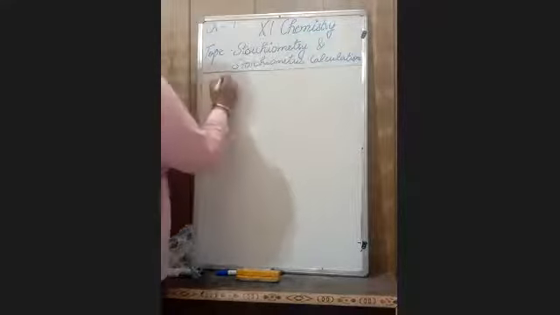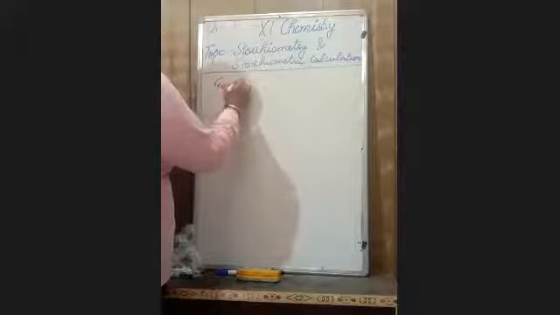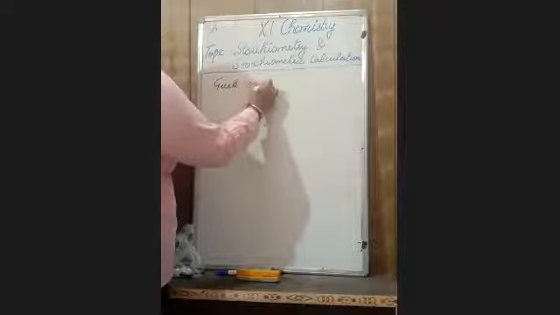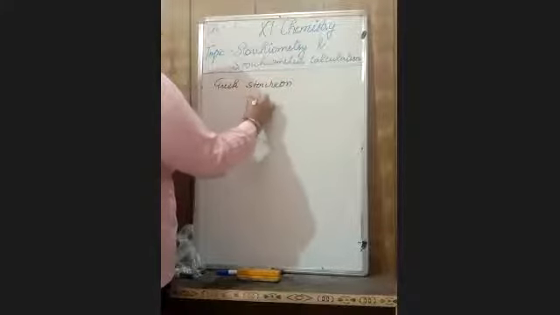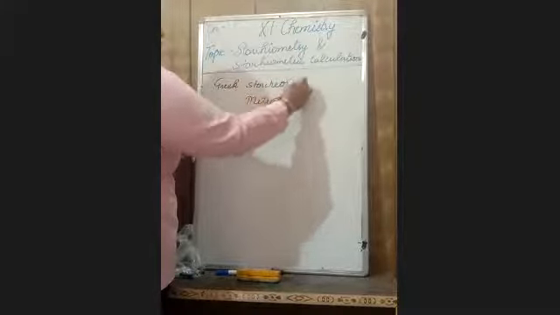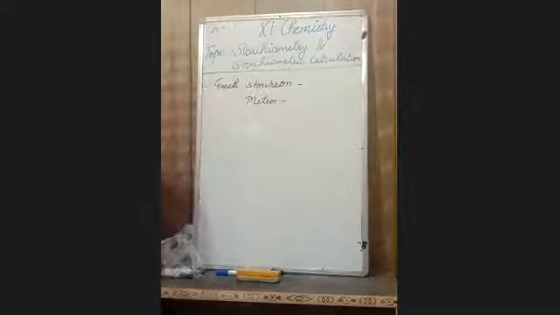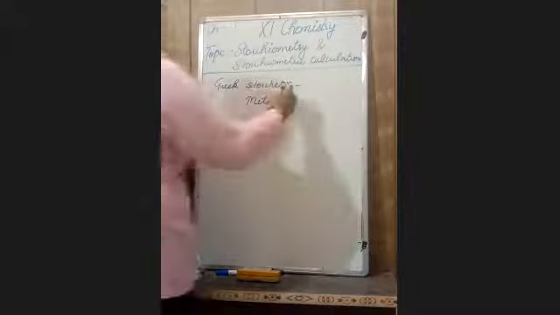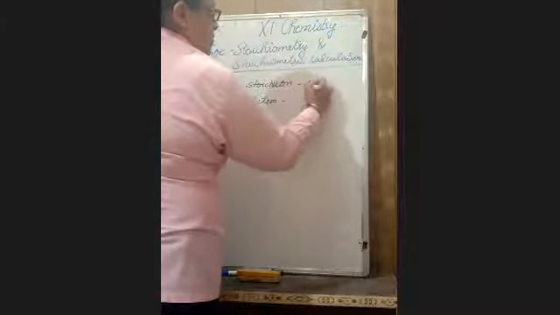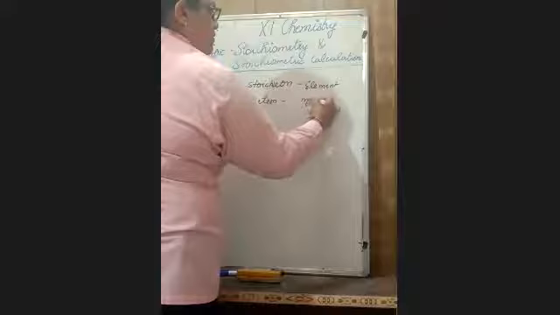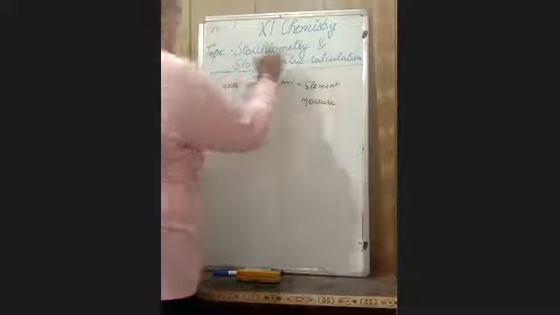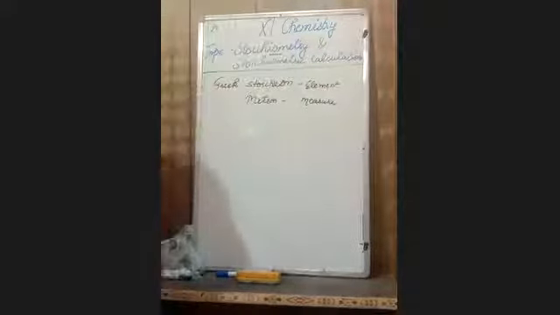It is derived from two Greek words, stoichion, which means element, and metron, which means measure. Now, what is stoichiometry?